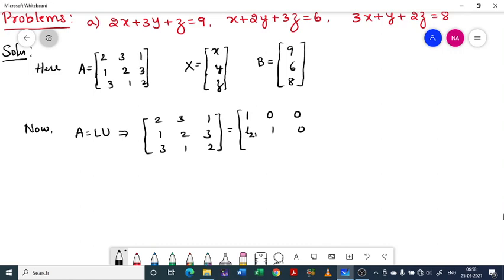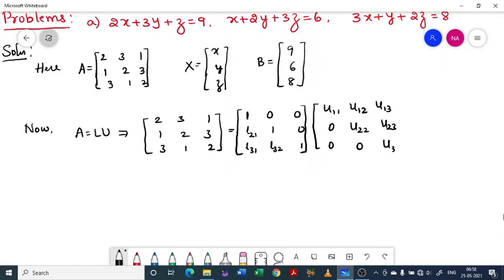Third row L31, L32, 1. U will be U11, U12, U13; 0, U22, U23; 0, 0, U33.